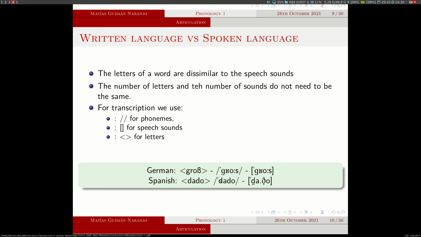I don't know if you can hear the difference when I pronounce the word dado. The first D is very close to the German D, but the second one isn't. And we'll learn a little bit more about the differences between the sounds later.